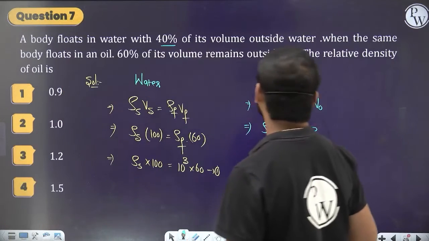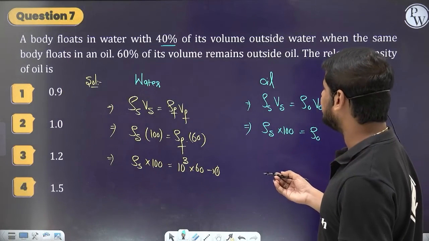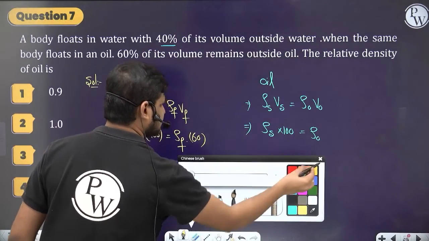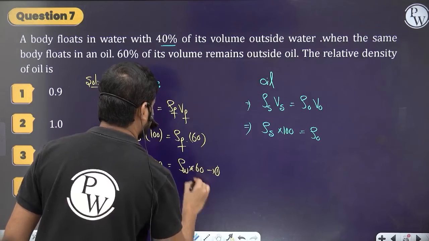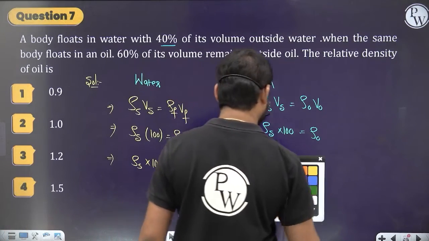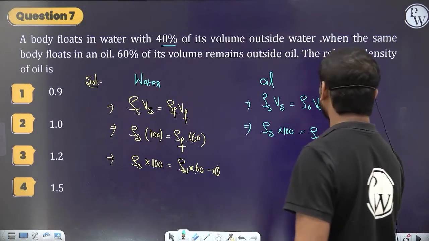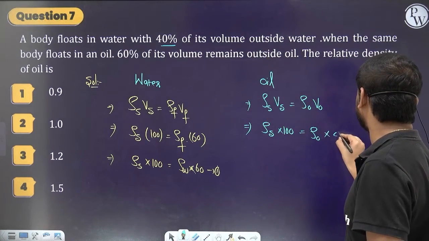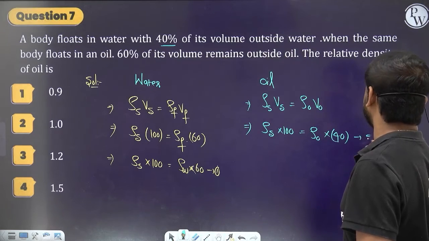Then the relative density of the oil only we require, right? So here let's write this is the density of water only. Let's keep it that way, density of water. So then you'll get it easily. So density of oil into the volume of the oil? 60% remain outside means here 40. So let it be equation number 2.